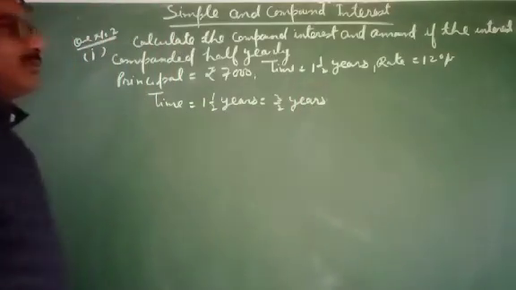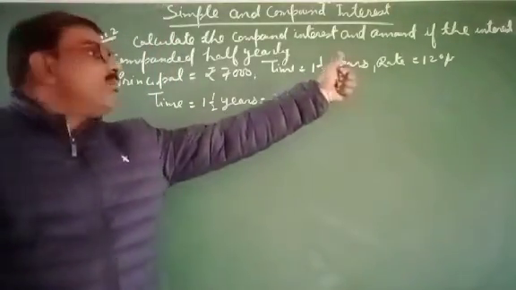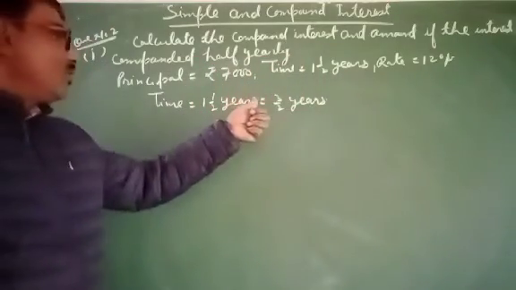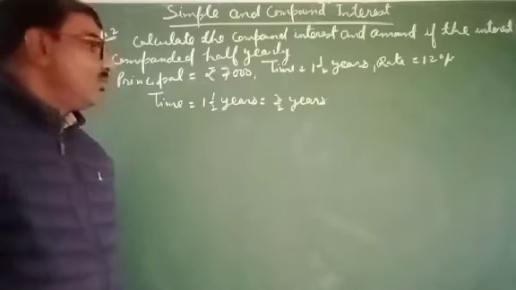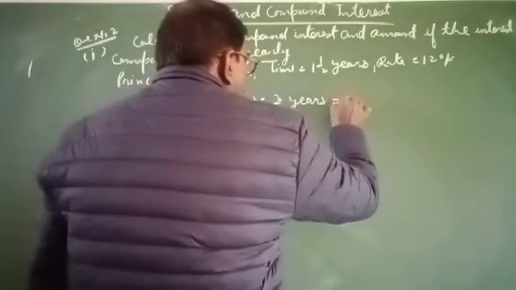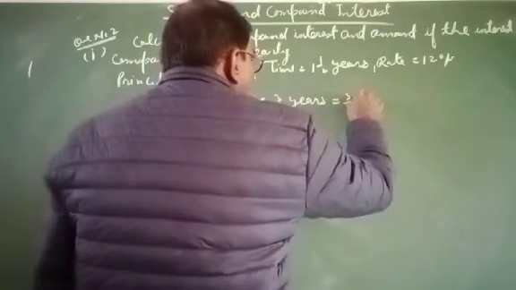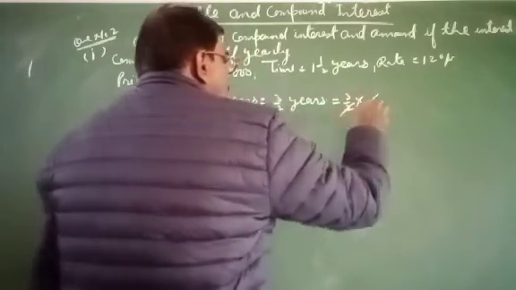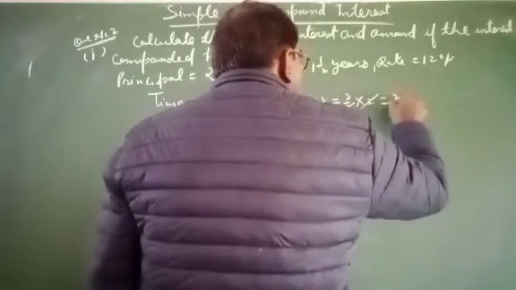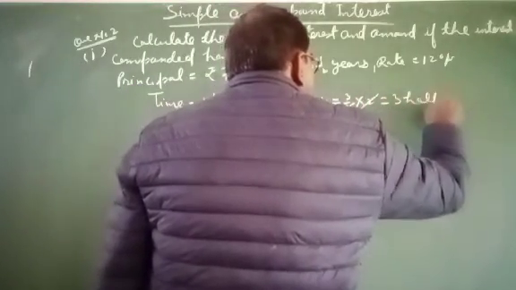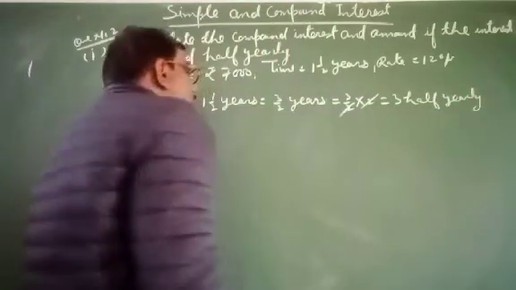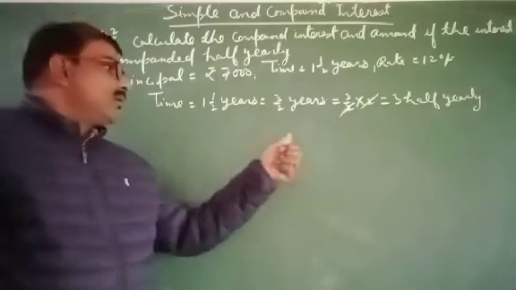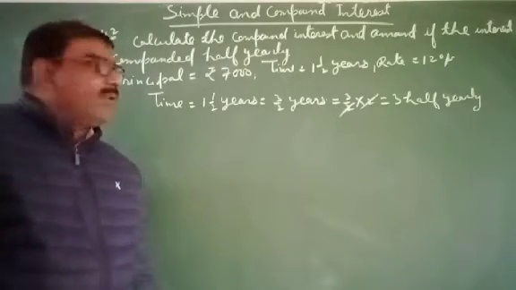Here we have to find compound interest half yearly, so I will multiply time by 2. So it will be equal to 3 by 2 multiplied by 2 and 2 yearly. So time T equal 3 half yearly.